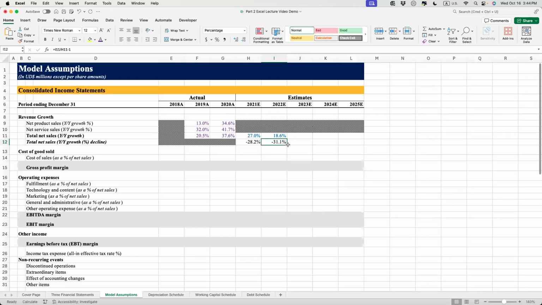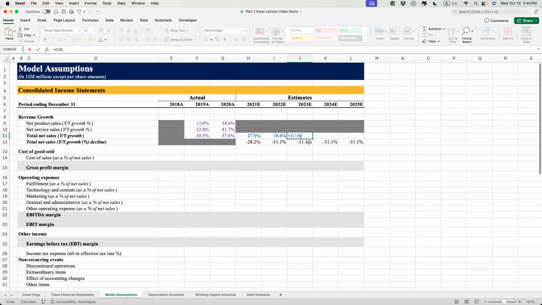So if we believe this is going to be the trend, then let's keep the same trend for the growth rate change. We're going to expect that this sales growth rate is going to start decreasing by 31.1% year over year. That means next year we're still going to be able to grow the sales, but not as high as 18.6%.